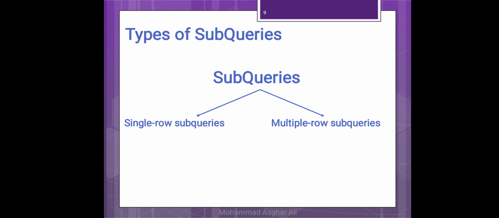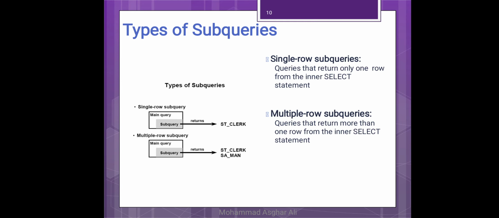Types of subqueries. A subquery is divided into two parts: single row subquery and multiple row subquery. Single row subqueries are queries that return only one row from the inner select statement.